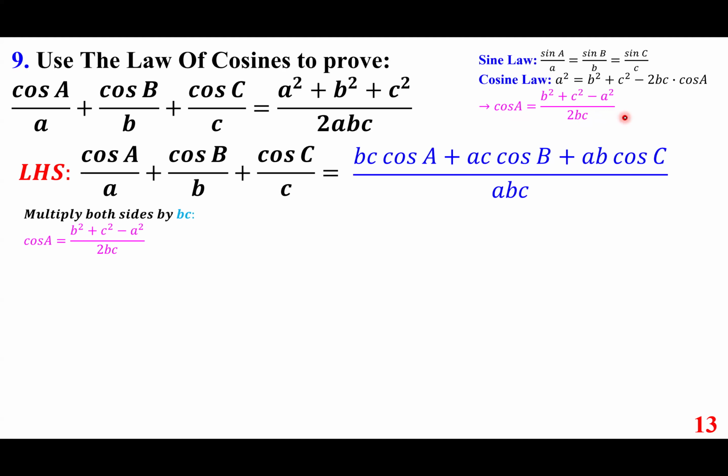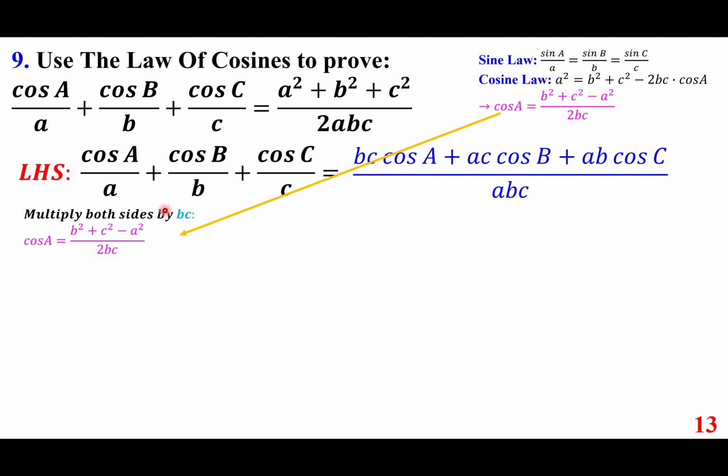If I multiply by bc, I get bc cosine A, and I get the right side over 2. If I multiply by 2bc, I get 2bc cosine A, and the numerator only.